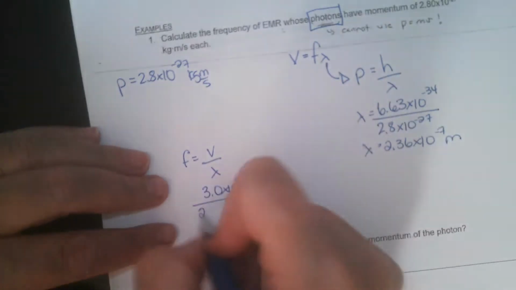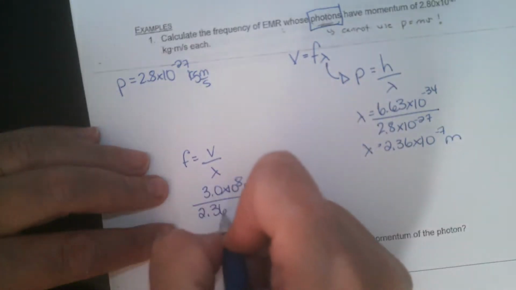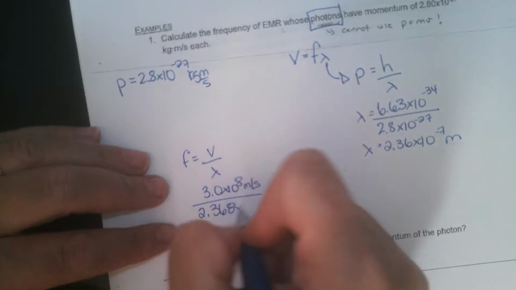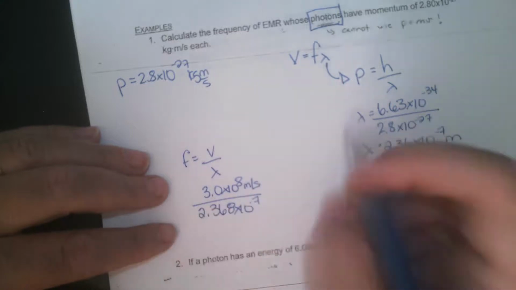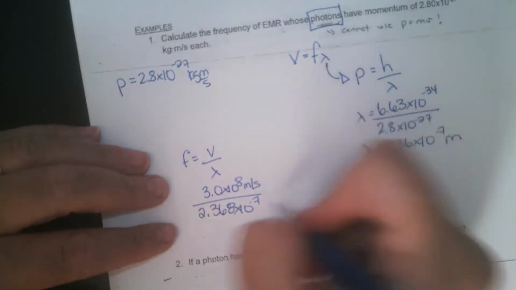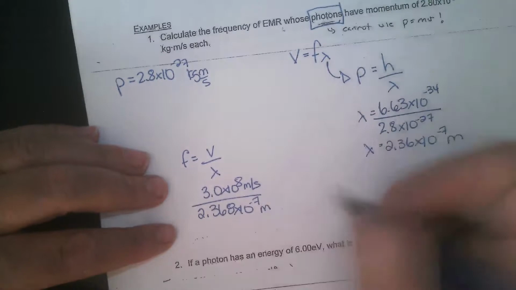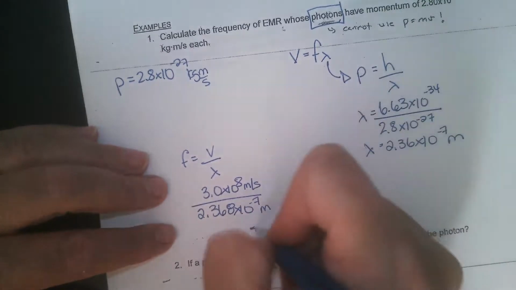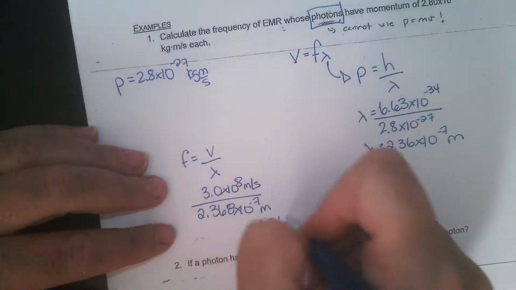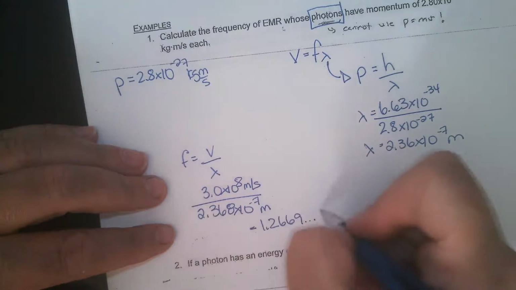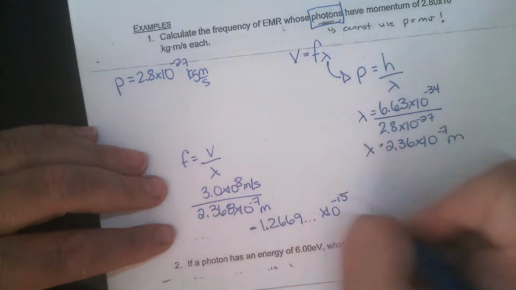divided by 2.36 times 10 to the negative 7. Again, wavelength is measured in meters, and we end up with an answer of 1.2669 times 10 to the negative 15, 1 over seconds.